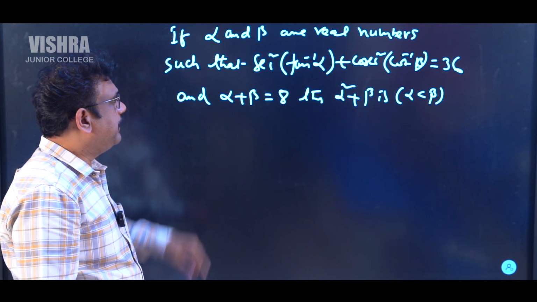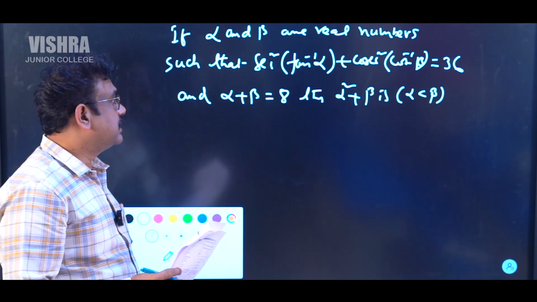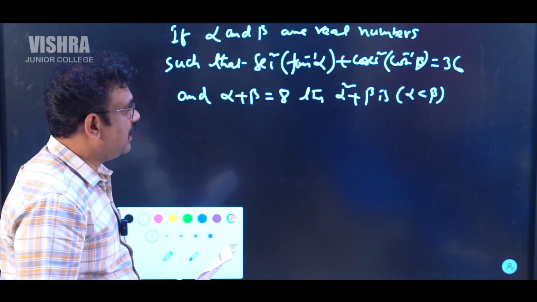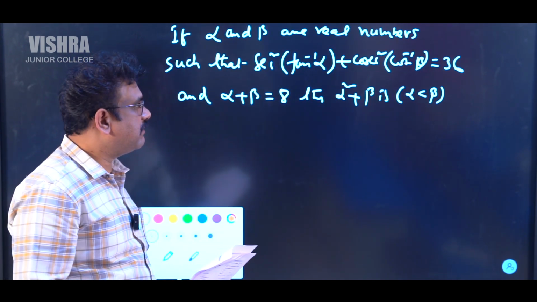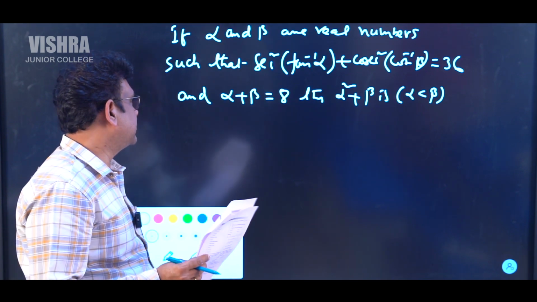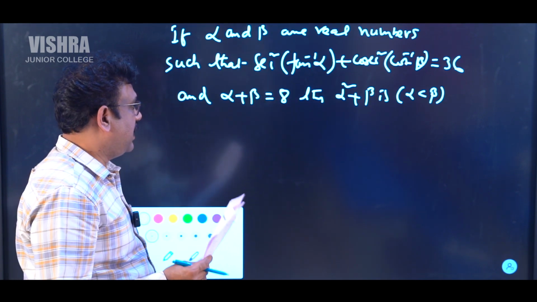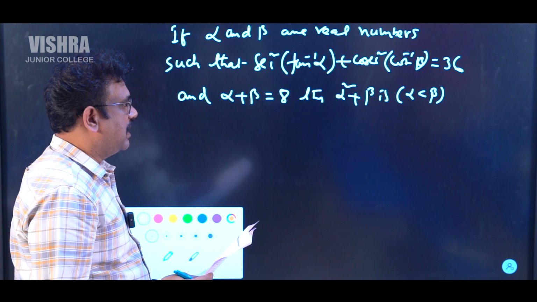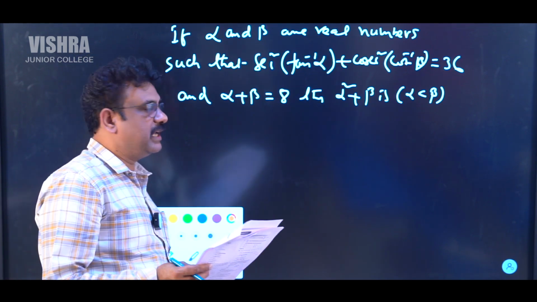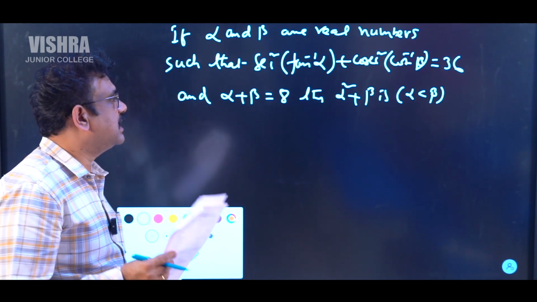So alpha and beta are real numbers such that secant square tan inverse alpha plus cosecant square cot inverse beta is equal to 36 and alpha plus beta is equal to 8. Then alpha square plus beta is, when alpha is less than beta.